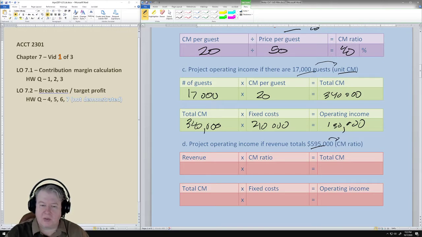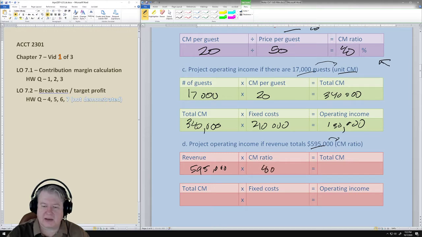So project the operating income if the revenue totals $595,000. Okay, so here's the $595,000, right? So what is the CM ratio? Well, we figured it out up here. The contribution margin ratio is 40,000.